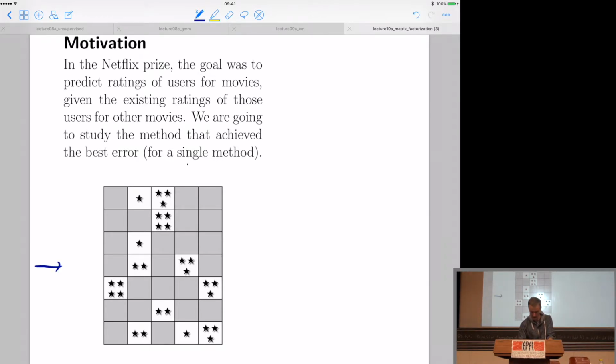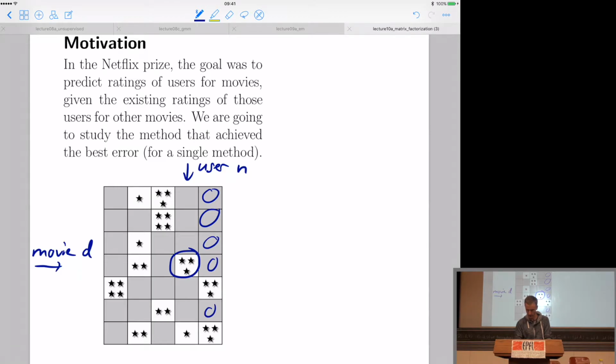We said maybe we have users and movies, and this means user N gave some stars to movie D, for example. This is some data which is given. You could call these labels, some targets. What is the task? The task is to predict all the stuff we don't know.